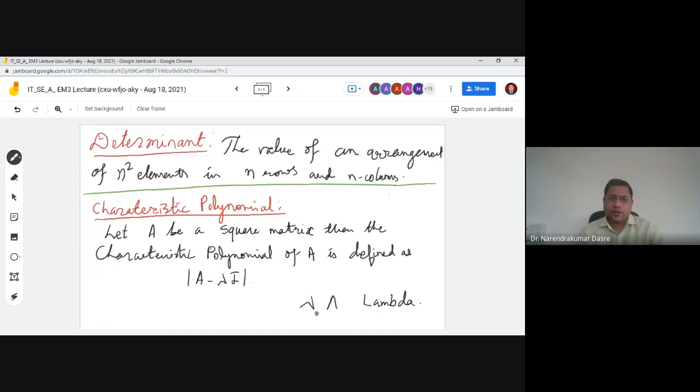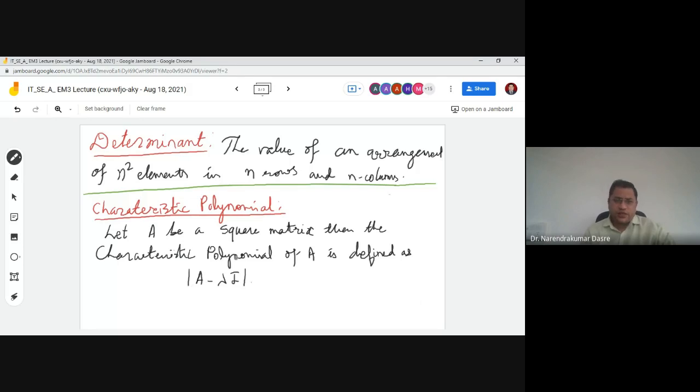Okay, so this is lambda. This is going to be small lambda, and this is capital lambda. We are using small lambda here. Now if I consider the determinant of A minus lambda I, because A is a square matrix and I is a square matrix of the same order as A, that's why this matrix operation is possible.